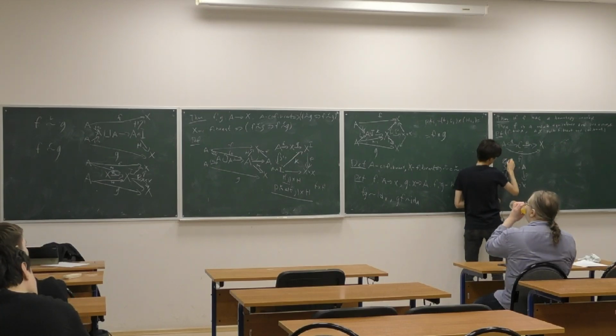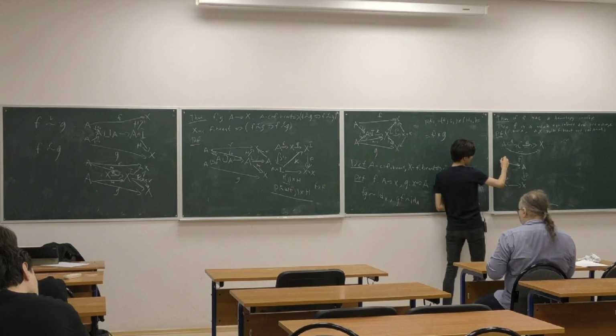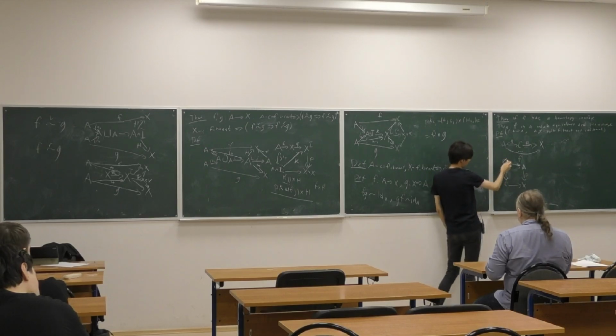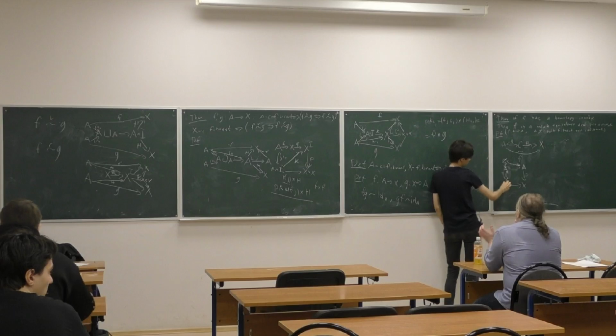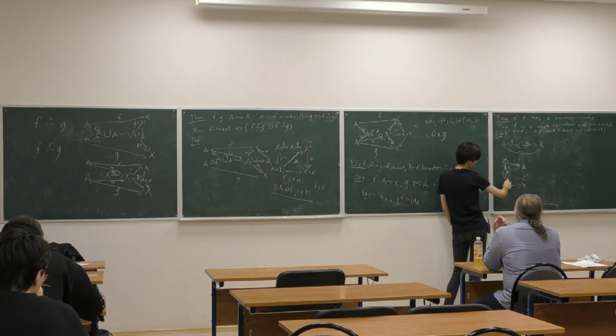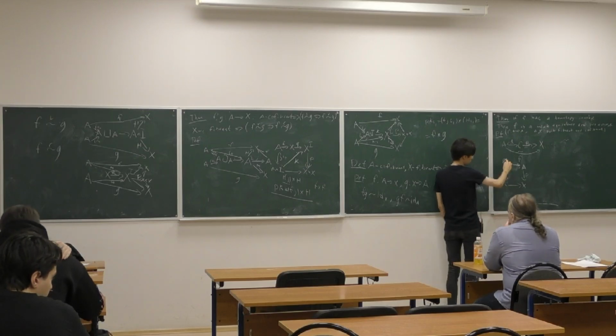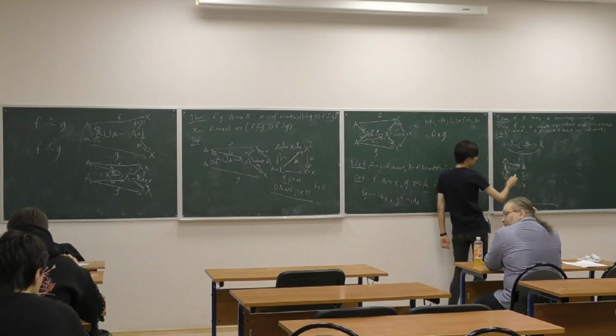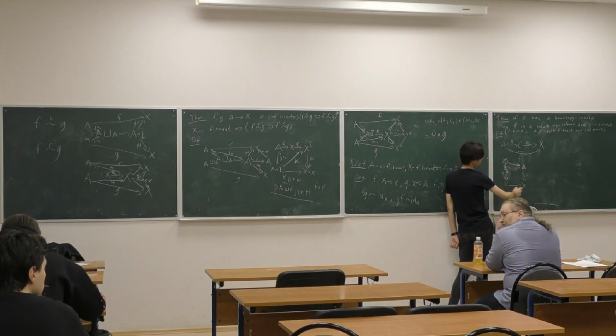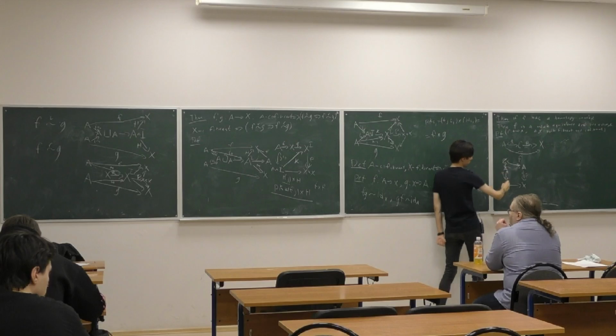This is an initial object. This is a composition of two cofibrations, so it is a cofibration, and this is an acyclic fibration. So there is a lift.